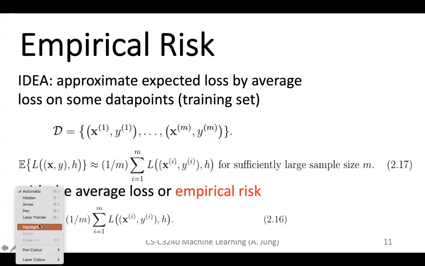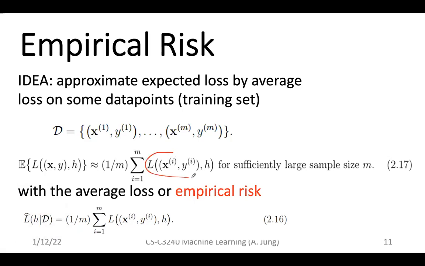So this term here in the sum is the loss incurred by a given hypothesis on the ith data point. So for example, if i is 1, this would be the loss incurred for the first data point. Or for the last data point, this is the loss incurred for the mth data point, if we denote by m the number of data points.